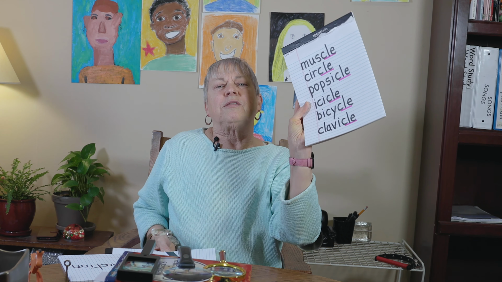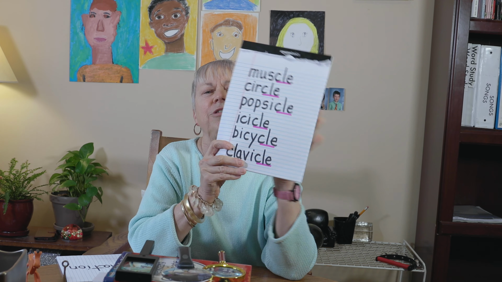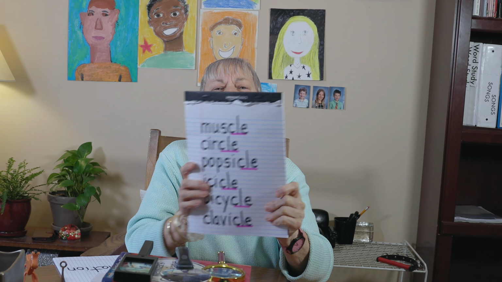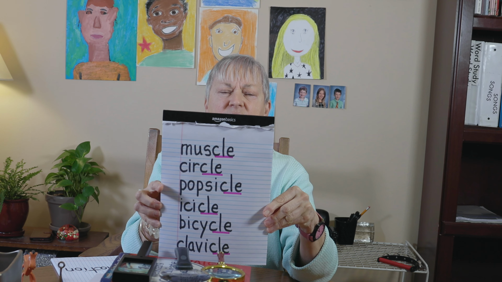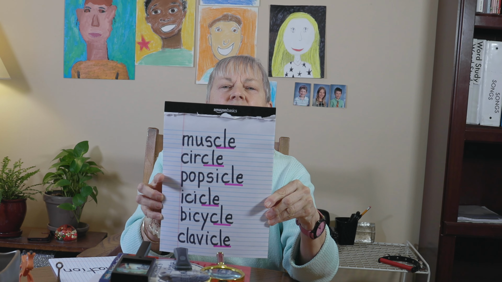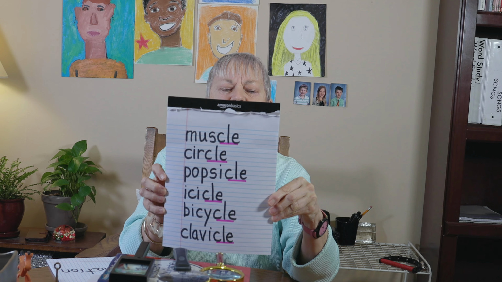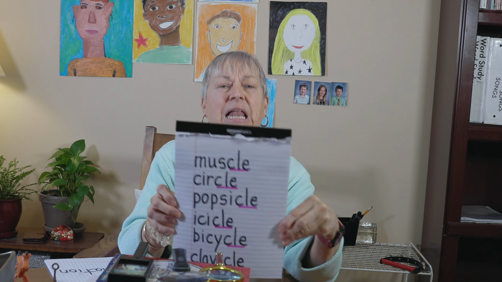So let's talk about CLE a little bit. Here are some words that you can learn and make all kinds of forms from because they end in CLE. Muscle, circle, popsicle, icicle, bicycle, clavicle.